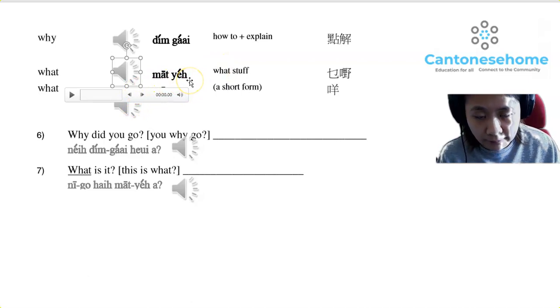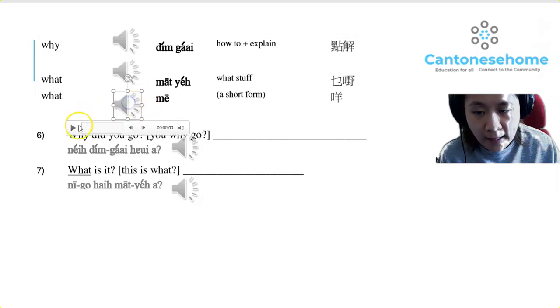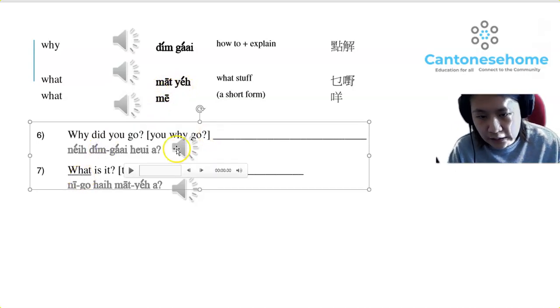And if you want a shorter form, it's 咩. A short form of what. 咩係 is what is. 乜嘢係 is what is as well. So this is longer, this is shorter. They just mix together, you know. Okay, 乜嘢, 咩. Let's see some sentences.